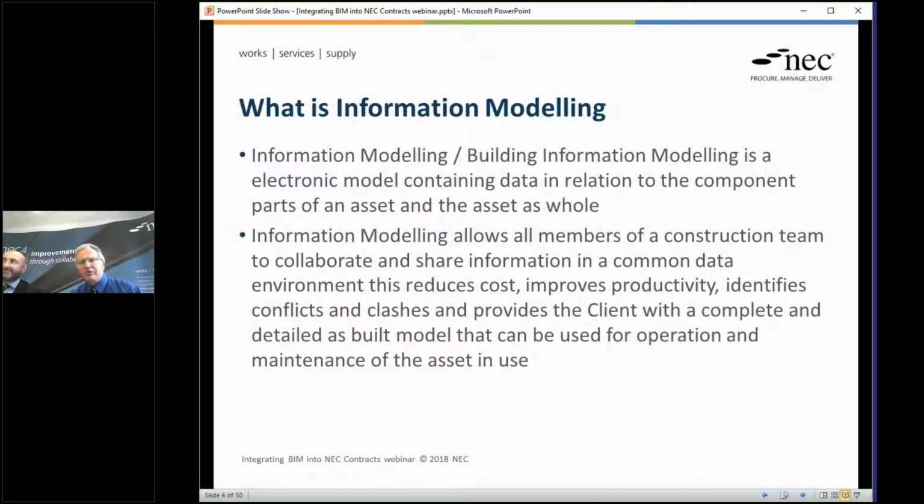The one thing we will say here is that it's called information modelling in NEC terms, where in the world, of course, we're using the term BIM. More about terminology later on, but the key thing is that there is no real consistency across the globe around the terminology for BIM.